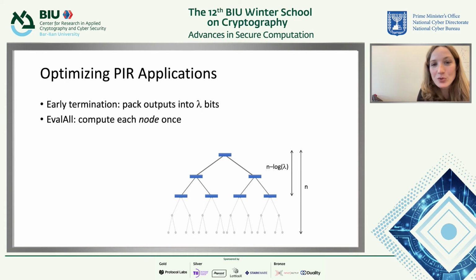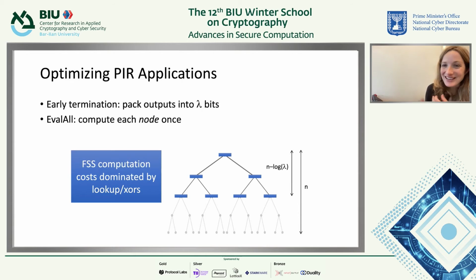But with this nice tree structure, we can leverage something better: I don't need to pay the depth cost independently for each output, but rather I only need to evaluate each node of the tree once. So this gives you roughly a saving factor of 2. And as I mentioned, putting these things on top of each other, the lookup cost and the XORs themselves end up becoming a dominating factor.